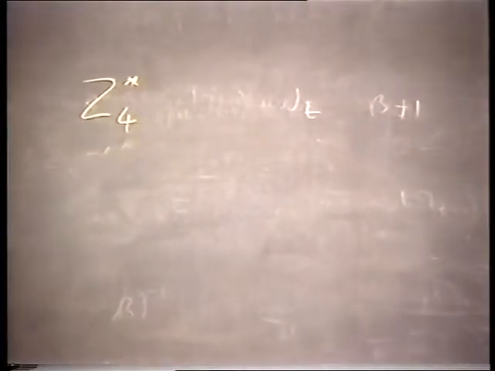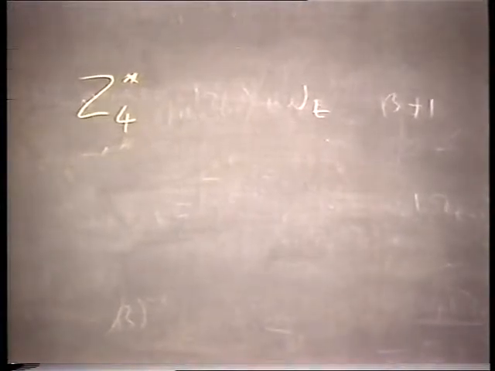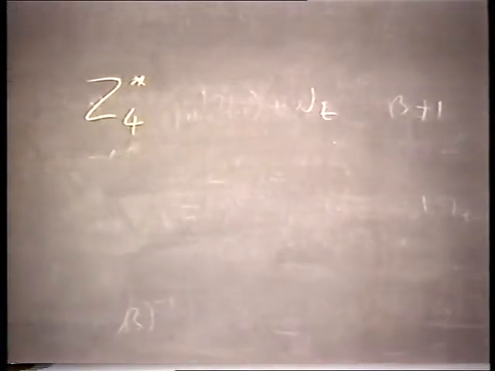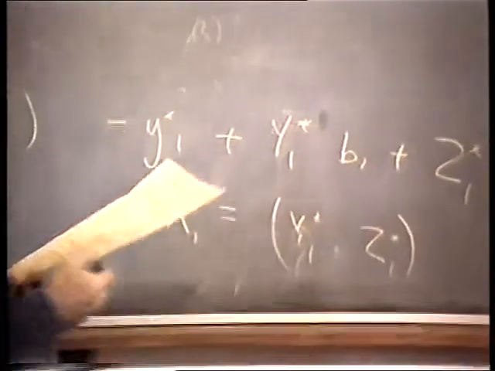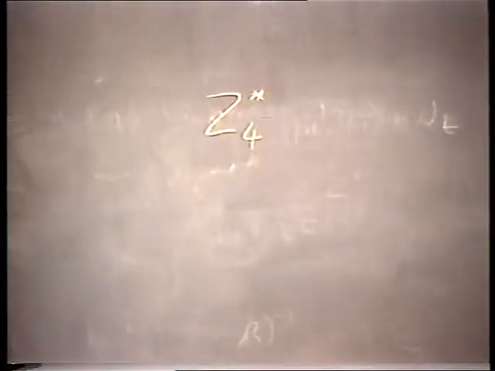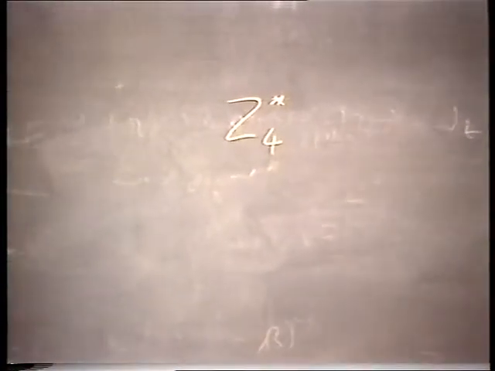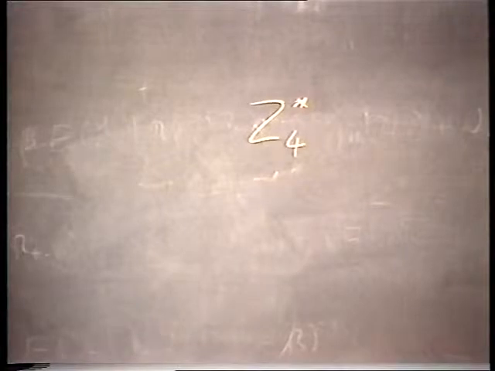In this kind of work, what one normally does is to assume that z4 includes the z1 star, so that included in the z star 4 variables are the z1 star variables, and then in addition to that we have some selection of the other exogenous variables in the model.